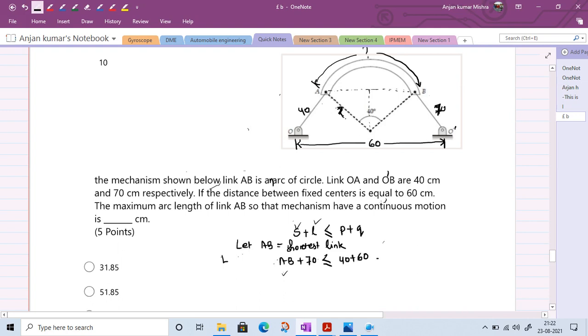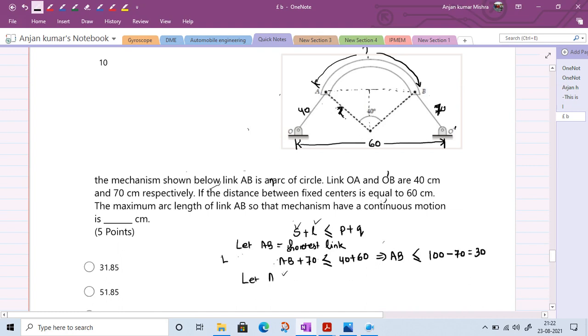So from this equation AB is smaller than or equal to 40 plus 60, that is 100 minus 70, which is equal to 30. So according to this, AB should be less than or equal to 30.